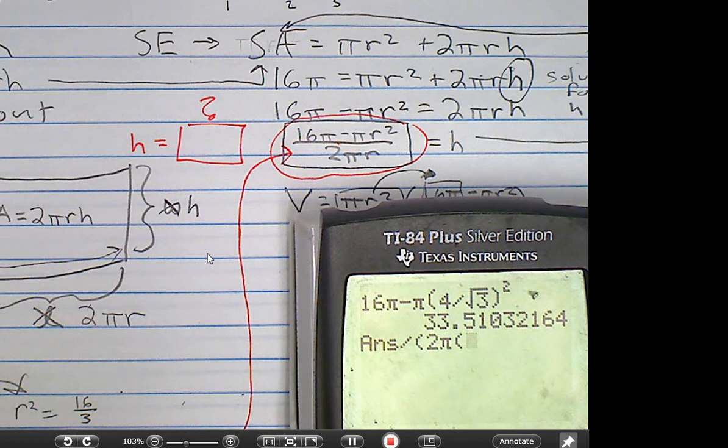That's how I roll. 4 divided by the square root of 3. Get out of my radical, in my parentheses, in my parentheses again. That's what I got.